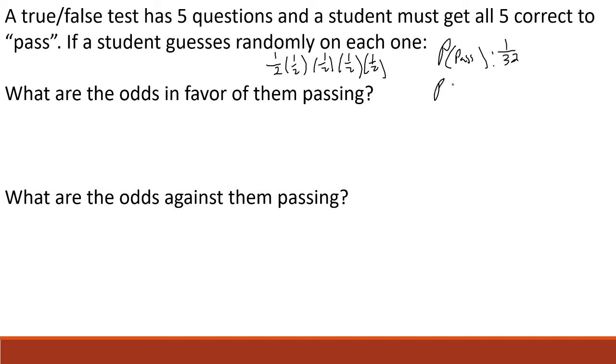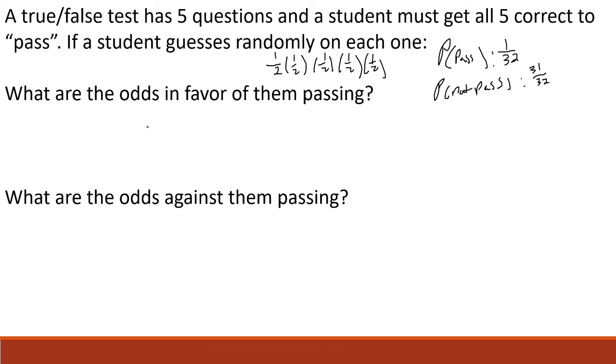Well, what's the chance that he does not pass? So not pass. Well, again, using complements here, if there's a 1 in 32 chance of passing, because he needs to get them all correct, that means that there's a 31 in 32 chance of him not passing, right? Because, again, they have to add up to 1. So there's a 1 in 32 chance of passing, 31 in 32 chance of not passing.